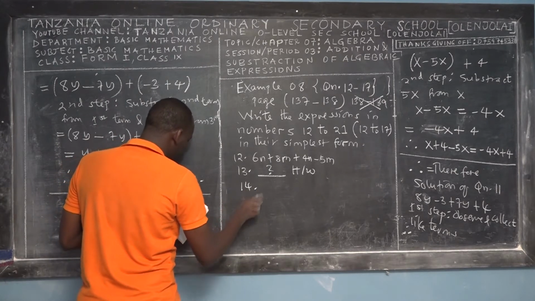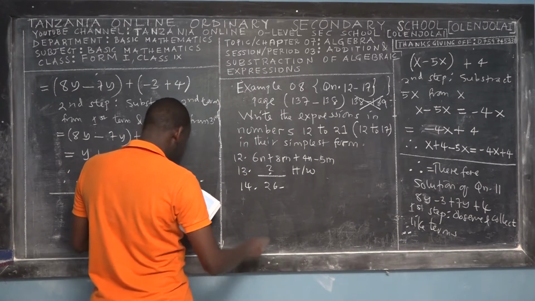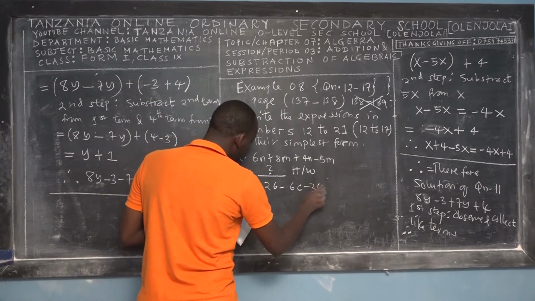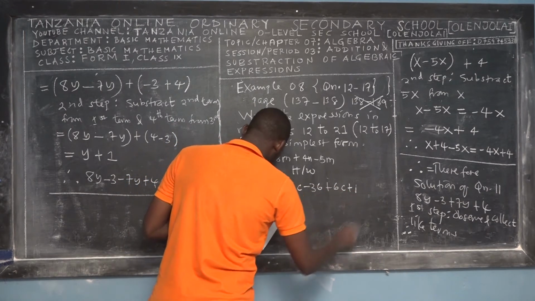Then we have 14: 26 minus 6c minus 36 plus 6c plus 1.